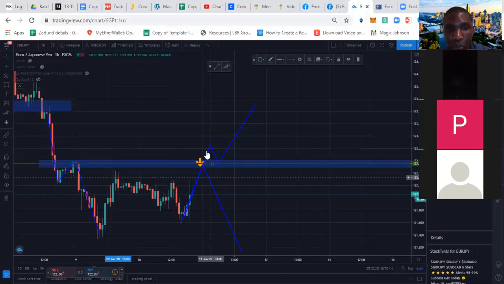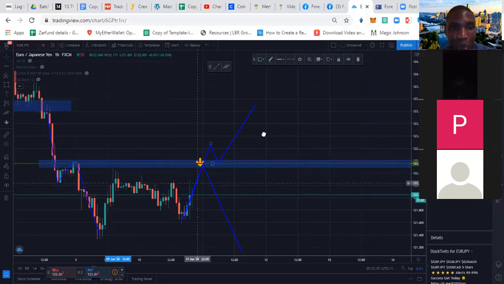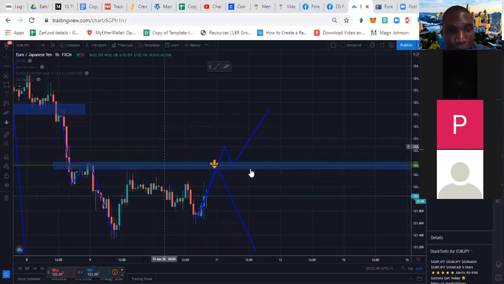So first of all, we are going to see what happens at this point. So we are looking to either buy or sell. But what I personally, as long as this structure is not broken, we are still in a downtrend. As long as this structure is not broken, we are still in a downtrend. So I personally would expect to take a sell here.